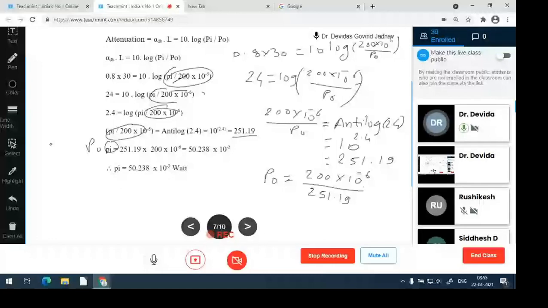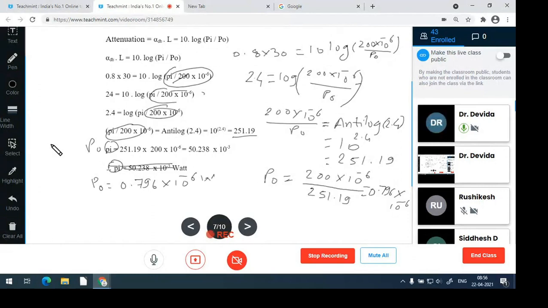So PO turns out to be 0.796 into 10 raised to minus 6 watt, or 796 times 10 raised to minus 9 watt.